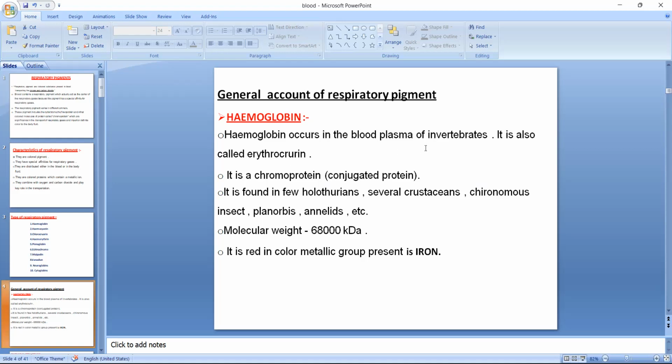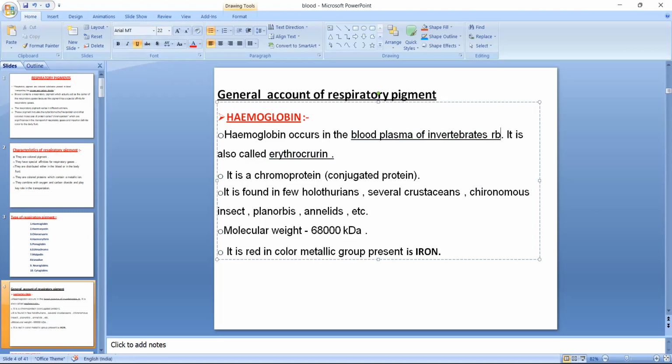Hemoglobin is present in the blood plasma of invertebrates, and in the RBCs of vertebrates.